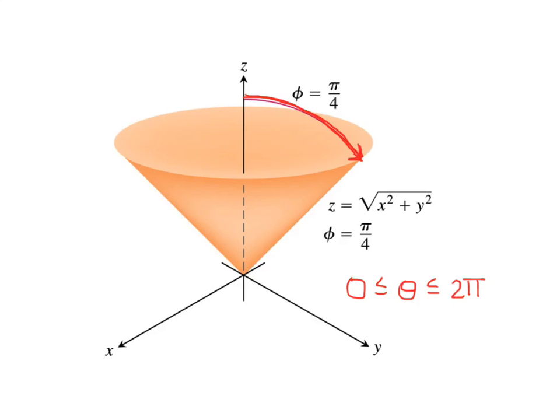So I get that full circle rotation of the cone. And then rho would vary depending on how far out your cone goes. So as your cone expands further and further out in these directions, your rho would increase. So that equation, phi equals pi over 4, would express that cone.